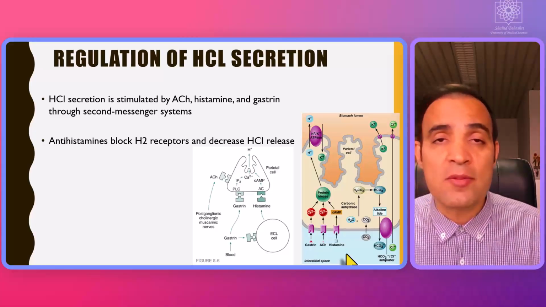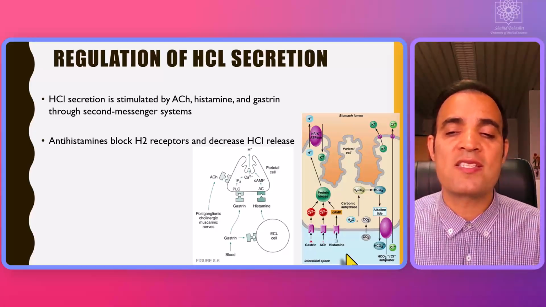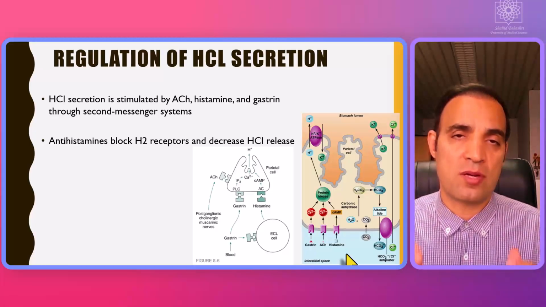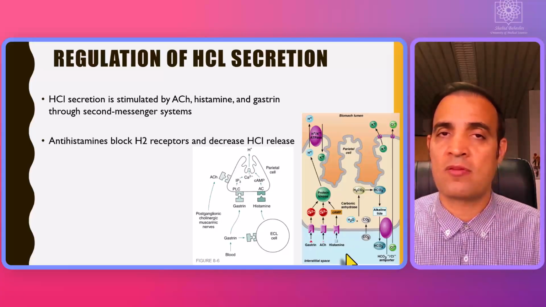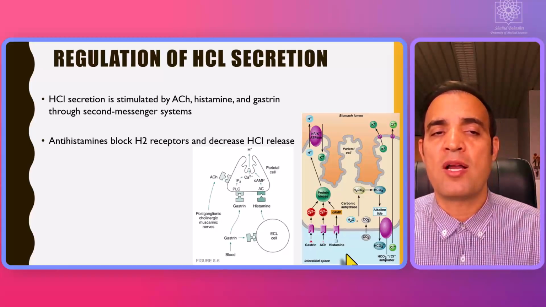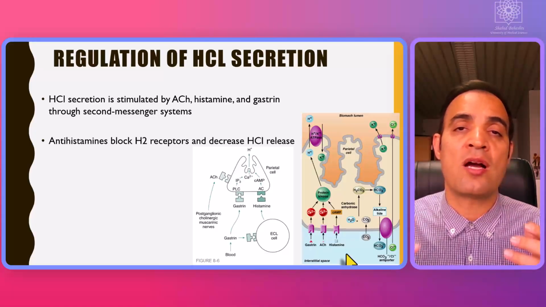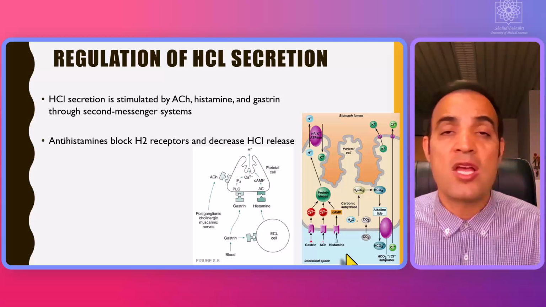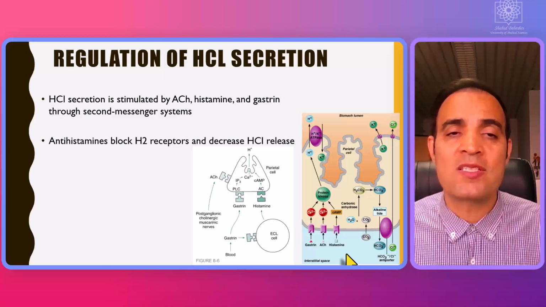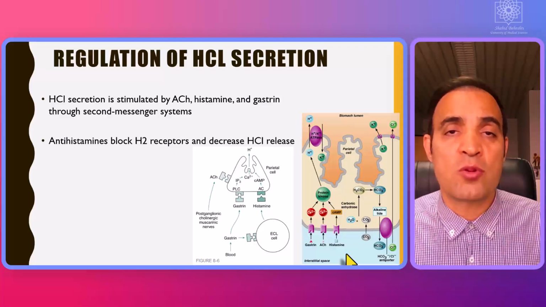Between these items, histamine is extremely important. For this reason, inhibiting or blocking the histamine receptor, the H2 receptor, by antihistamine drugs, not those antihistamines that we use for allergic reaction, that is another receptor, the H1 receptor. But the H2 receptor is responsible for the activation of the hydrogen potassium pump.